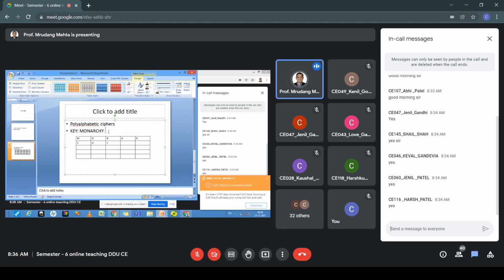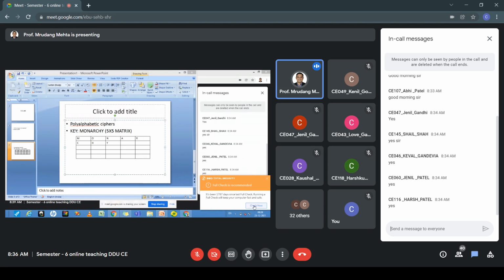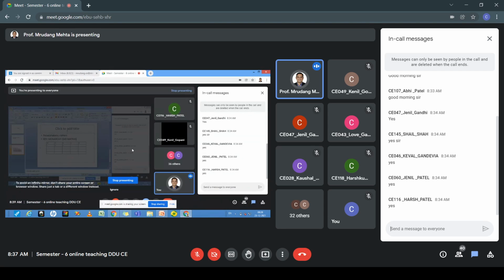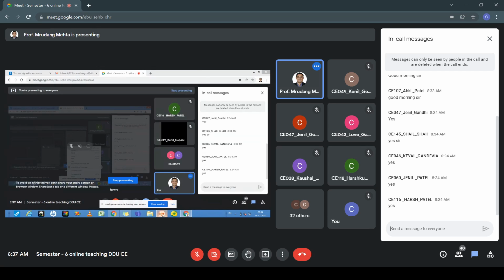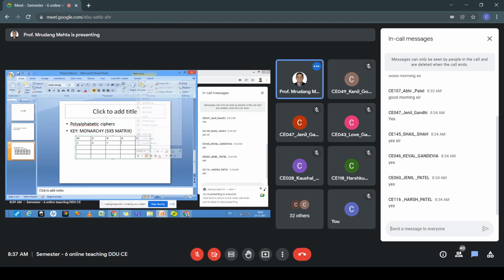Okay, so the key is actually a word, but it is a 5 cross 5 matrix. So the whole 5 cross 5 matrix is taken as a key. So what to fill it with? Because 5 cross 5 means there are 25 elements.